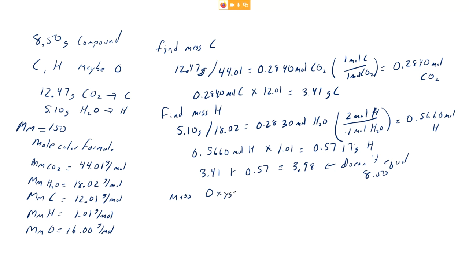The mass of oxygen is going to be the 8.50 minus the 3.98 to give me 4.52 grams of oxygen. So now that I have the masses, I go into finding the empirical formula. Okay, and just because I'm running out of room on this slide, I'm going to take a picture of this and go to the next slide.